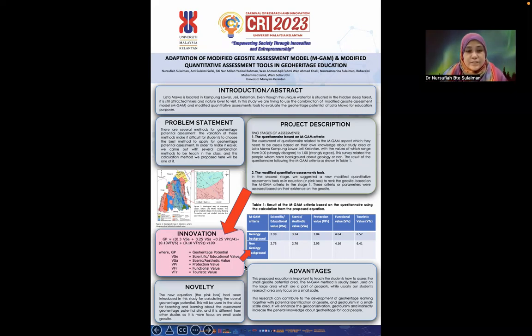equals 0.3 times scientific value, plus 0.25 scenic or aesthetic value, plus 0.25 protection value, divided by 4, and 0.1 functional value times 0.1 touristic value, divided by 9, and times 100.